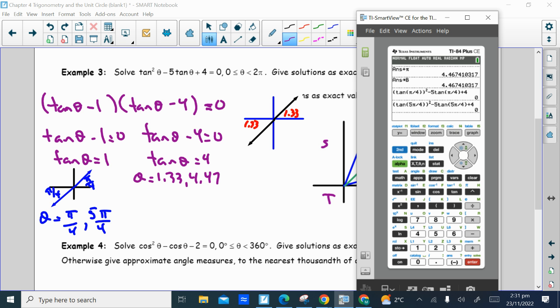All right, checking 1.33, so I put that entire number into memory slot A. So I can delete the 5 pi on 4 and put memory slot A in there.